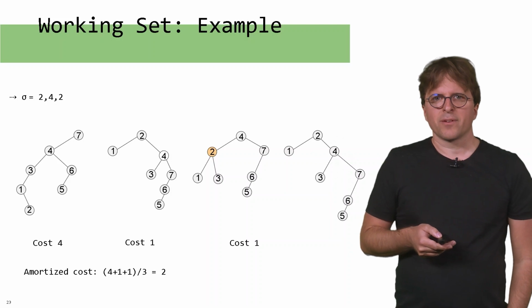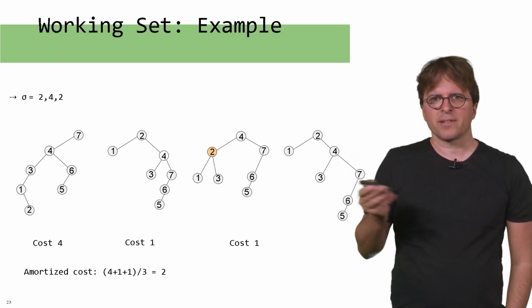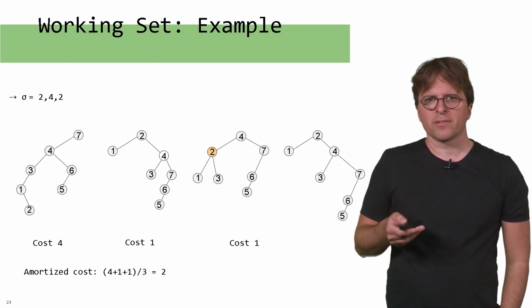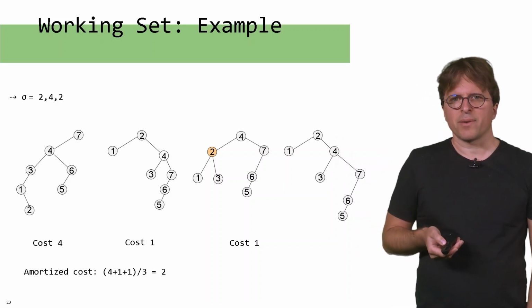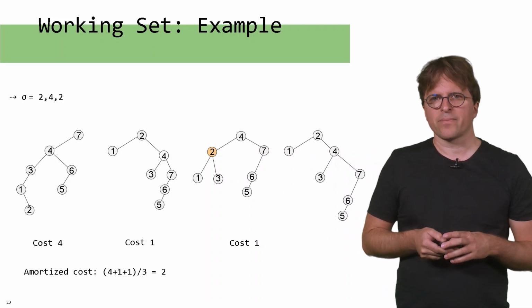And so what is the amortized cost here? So we have first access cost of 4, then access cost of 1, access cost of 1. So we have 3 operations. So this is 6 divided by 3. So the amortized cost will be, in this case, 2.